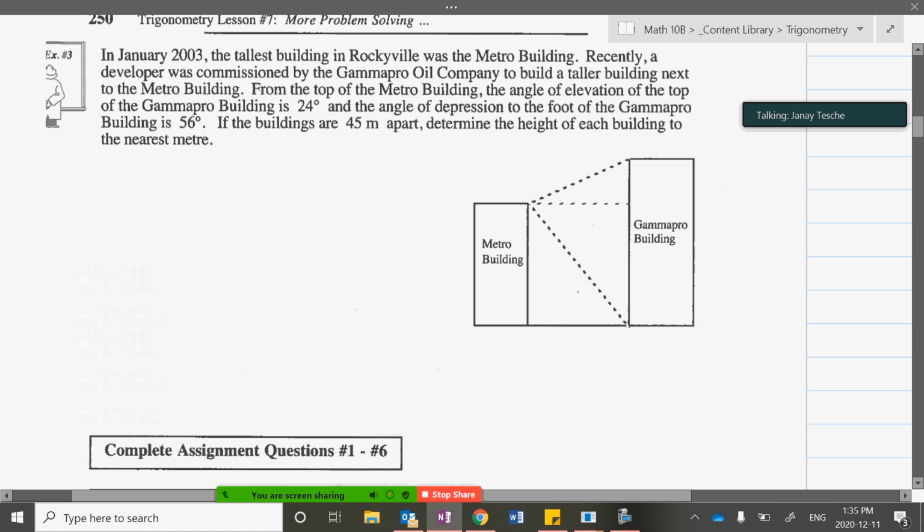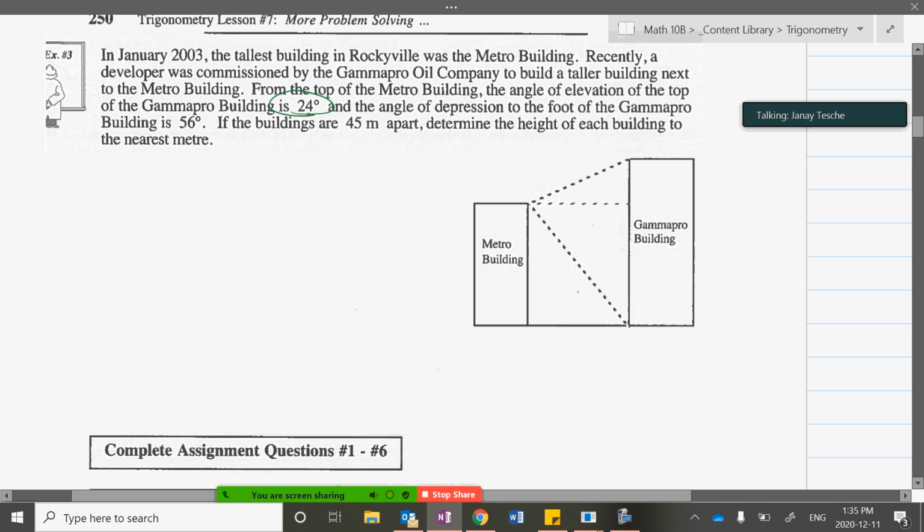So this is similar to the one we did last class, but just a lot of information has been taken away. So in this one, we have two buildings, a Metro building and the Gamma Pro building. I'm not going to read this question out loud for you, but then it says from the top of the Metro building, the angle of elevation at the top of the Gamma Pro building is 24 degrees.